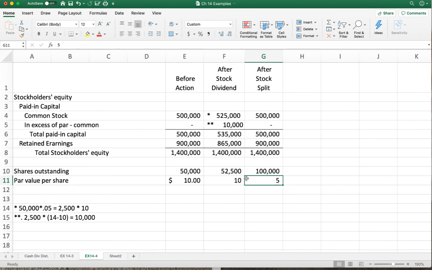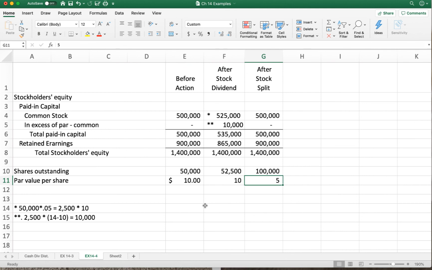No, not really. Our total stockholders' equity really did not change. It's still $1.4 million regardless of what we do. We have more shares outstanding, obviously, with the stock split and with the stock dividend. The stock split decreased our par value, whereas the par value per share was not affected by the stock dividend.